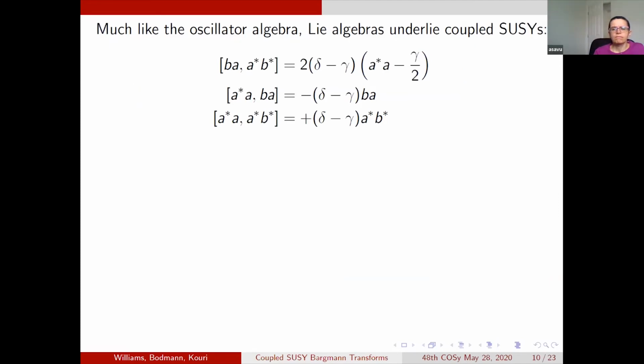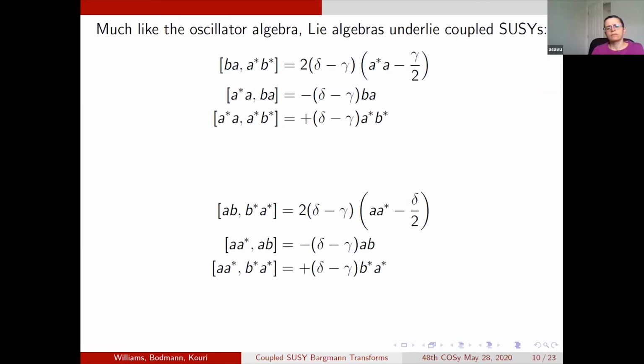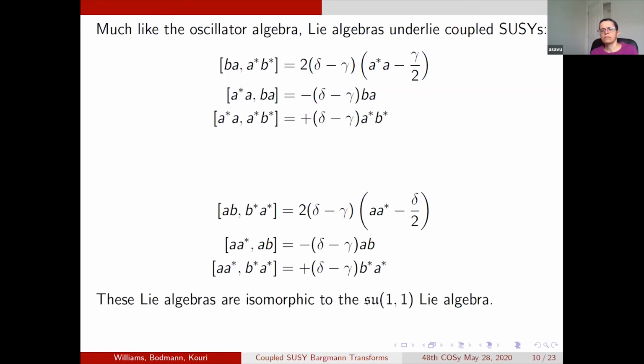And that luckily just gives us a linear function in A star A. And then we have a very similar set of equations on the Hilbert space H2, basically just reorient the operators. Works out kind of nice that way. And these are actually isomorphic to SU(1,1). That actually helps a lot with what I do for work. And A star A has eigenvalues m times delta minus gamma, and m times delta minus gamma plus delta.